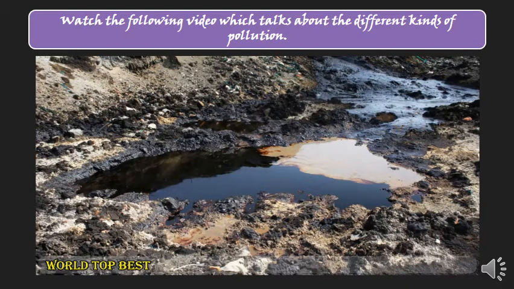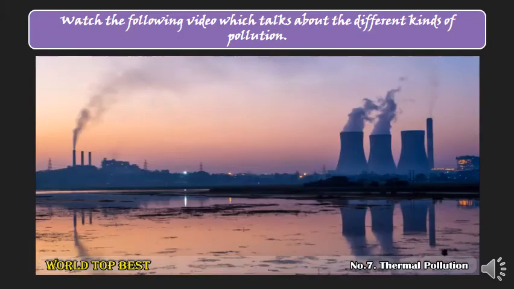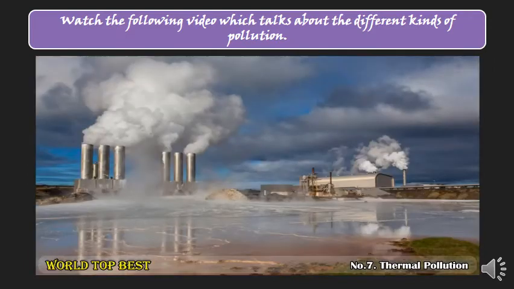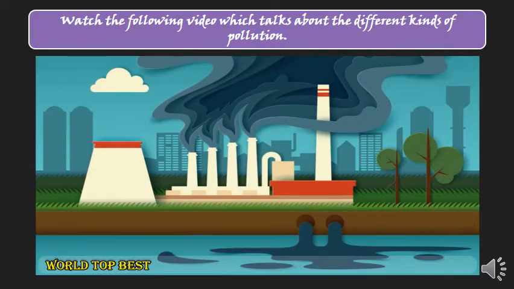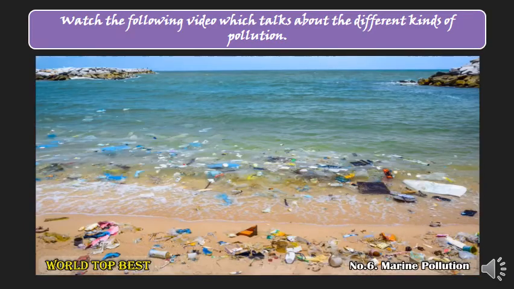Number 7. Thermal pollution. Thermal pollution is the degradation of water quality by any process that changes ambient water temperature. A common cause of thermal pollution is the use of water as a coolant by power plants and industrial manufacturers. The most obvious effect is loss of lives in the rivers, discomfort due to increase in temperature. Number 6. Marine pollution.